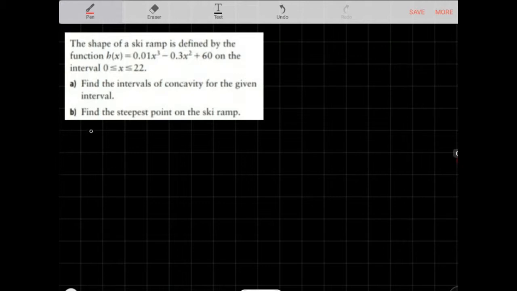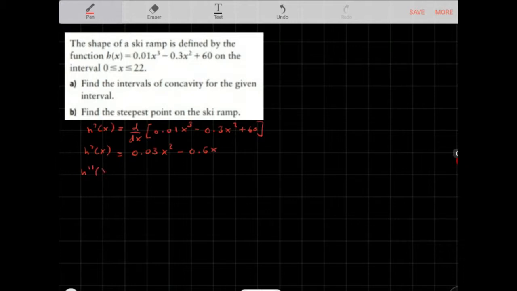Okay, so to find the interval of concavity, we need to find our second derivative. I'm going to start by finding my first derivative, h prime of x, which is the derivative of 0.01x cubed minus 0.3x squared plus 60. In this case, you're going to get 0.03x squared minus 0.6x. So that's your first derivative.